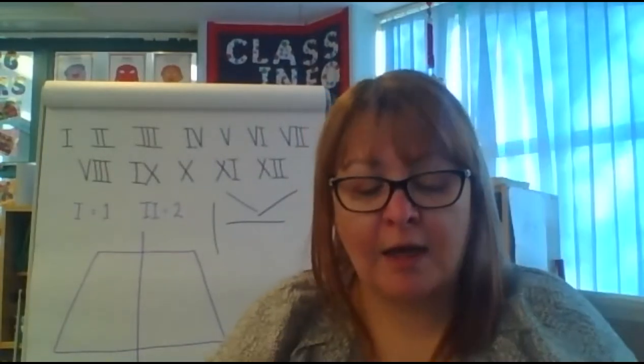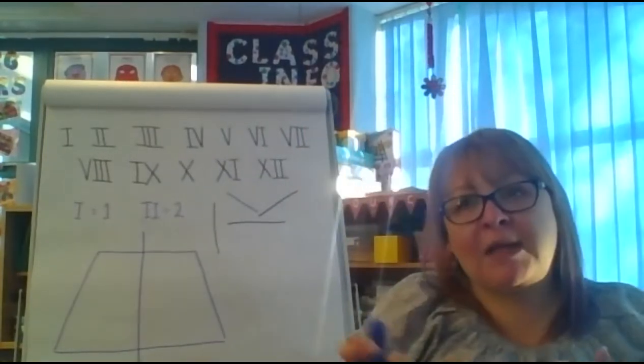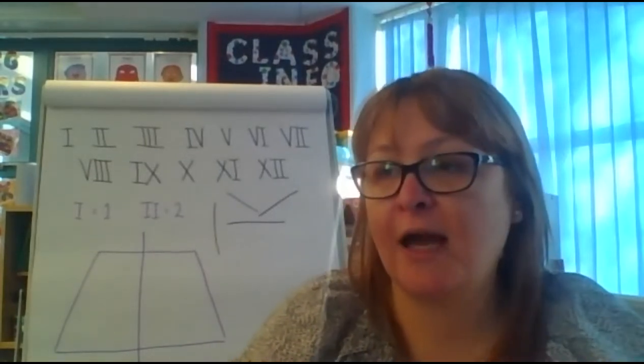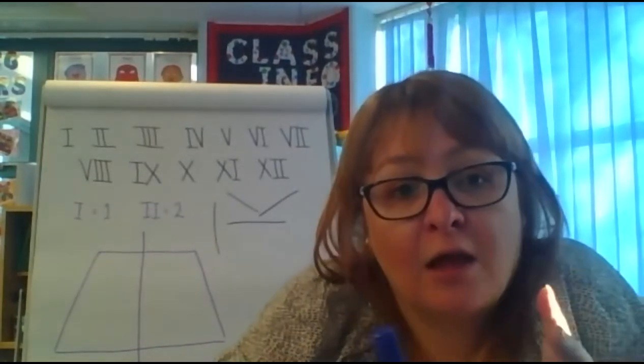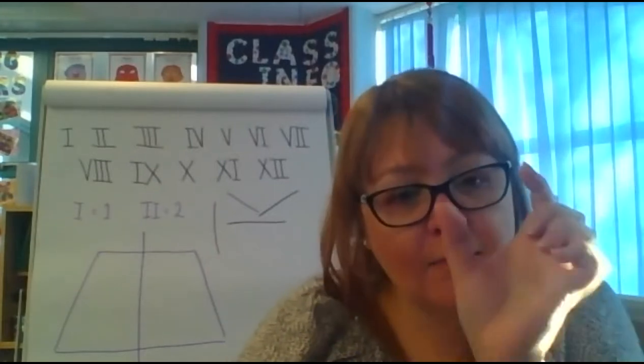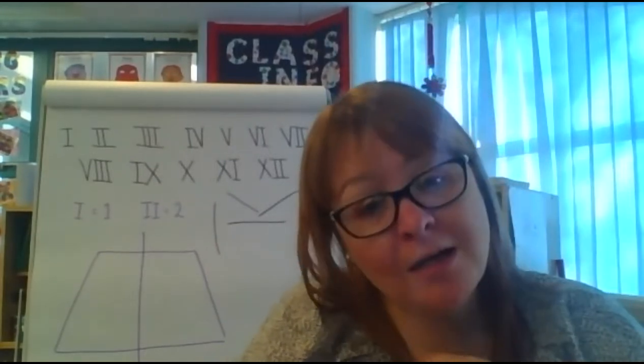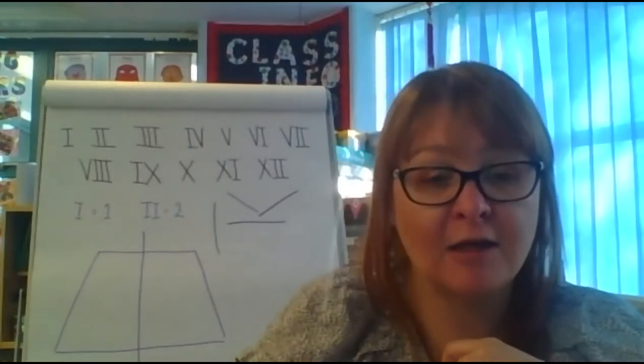3. Now, any regular shape, and that means a hexagon, a square, a pentagon, an octagon, heptagon, that has the same sides and same size angles, will have as many lines of symmetry as it has sides.